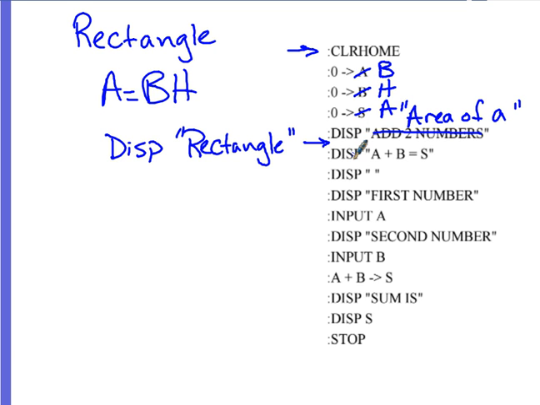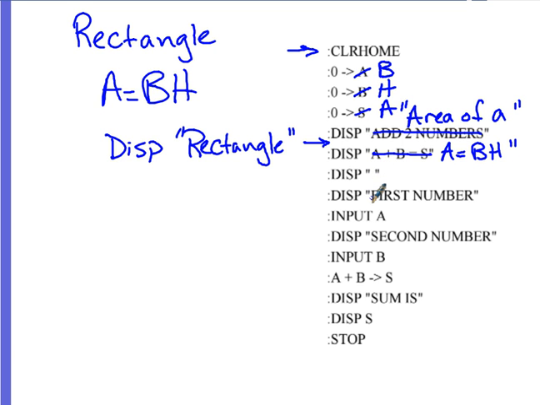Our formula needs to be A equals BH. When we display it, I would like for you to display A equals BH, and don't forget to close the quotes. We're still going to have the space between our title and our formula before we ask our first question. So we still leave the space in there.